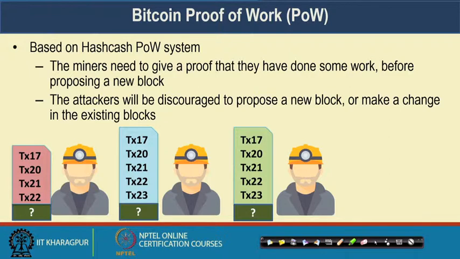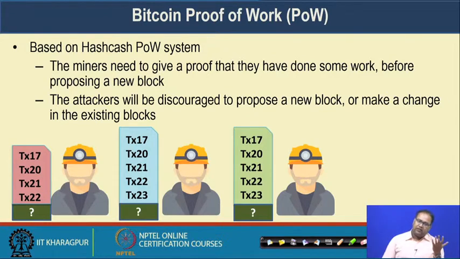This Bitcoin proof of work is based on the Hashcash proof of work system. The miners, who are the special nodes in the Bitcoin network who participate in the consensus procedure, need to give a proof that they have done some work before proposing a new block.